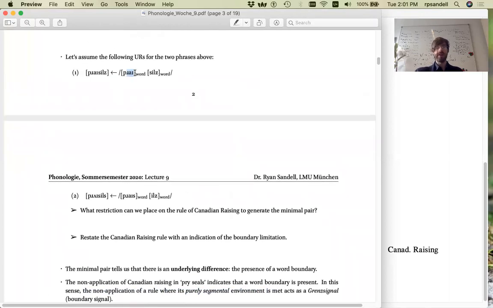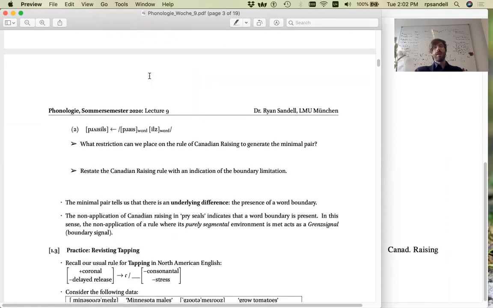So if we see that Canadian raising should apply in this context of a diphthong [aɪ] followed by [s], we know that the reason that it doesn't apply must be because there is a word boundary, this Grenzsignal, present.